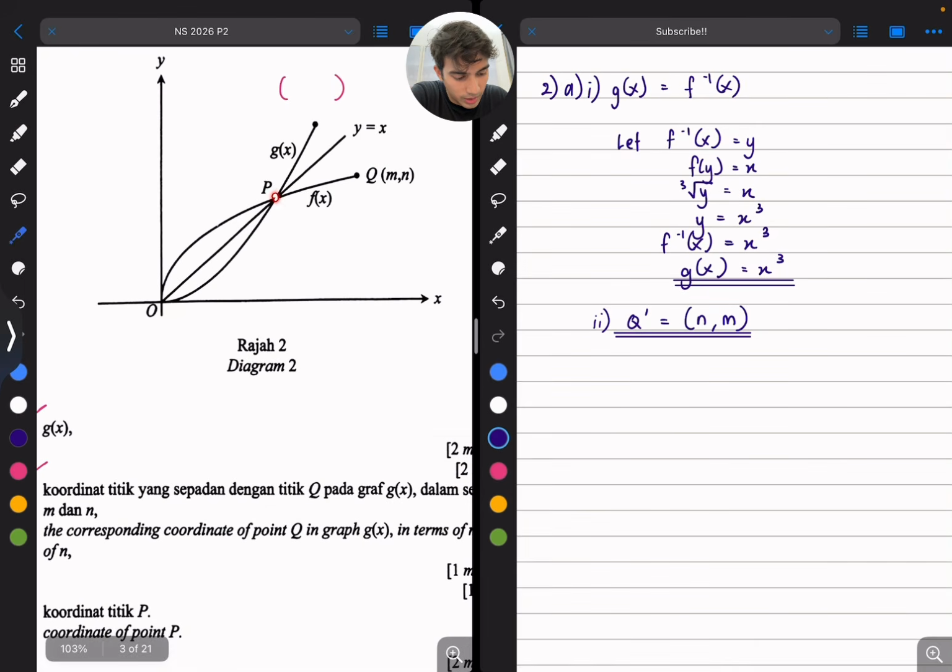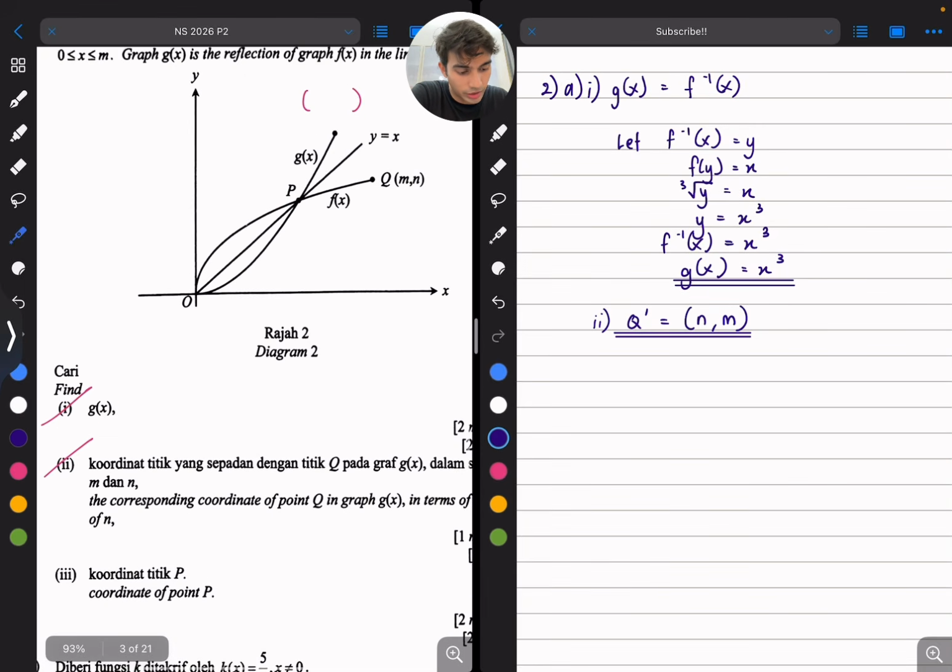Okay, P is here. Alright, so they want us to find the coordinates of point P. Point P is the intersection between this curve and this curve. This curve's equation is y equals x cubed. This curve's equation is y equals cube root of x.